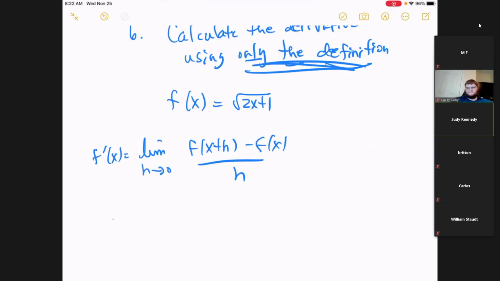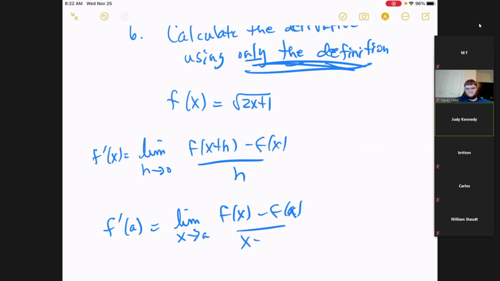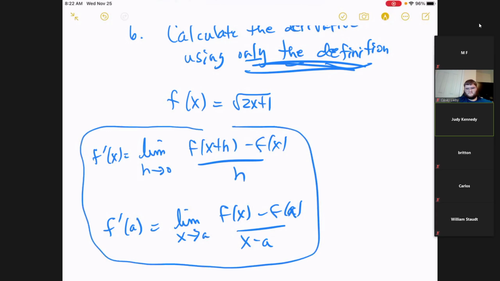We did that one. Oops, that's supposed to be a, over x minus a. When I say use only the definition, I mean use one of these.